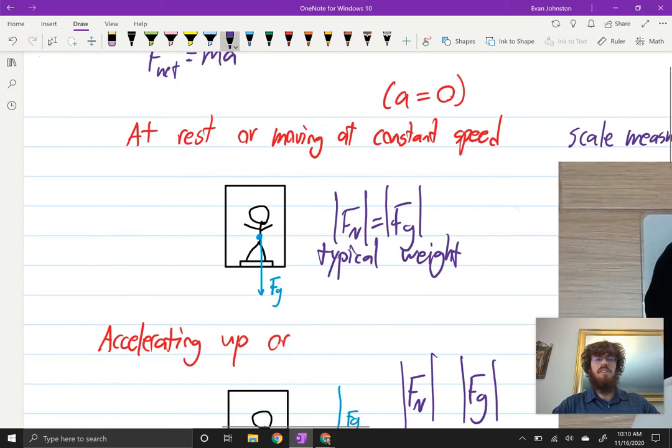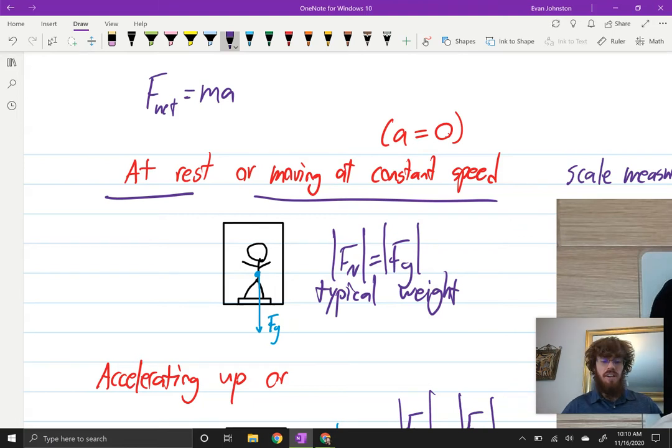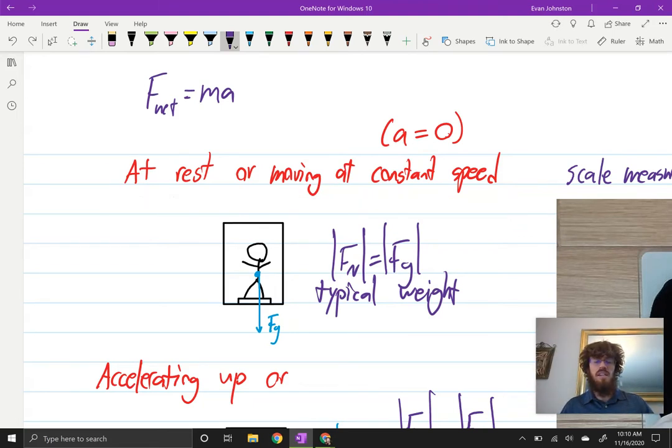So let's look at the first one, which we've already talked about. If you're at rest or if you're moving up or down in an elevator at a constant speed, you're going to find that the scale shows your typical weight. What that really means is that the size of the normal force matches the size of the force of gravity. Those two are the same size.